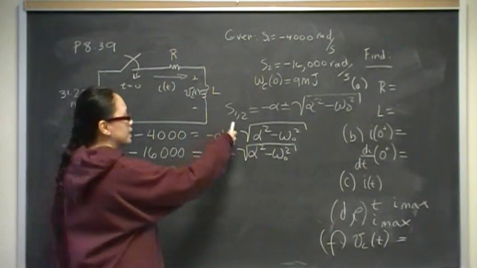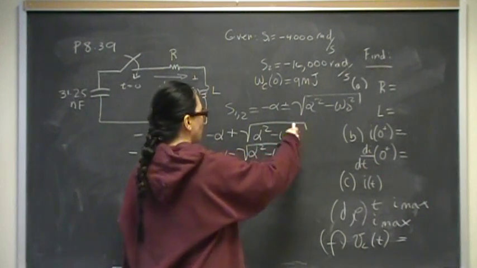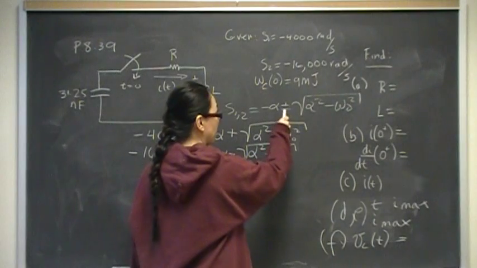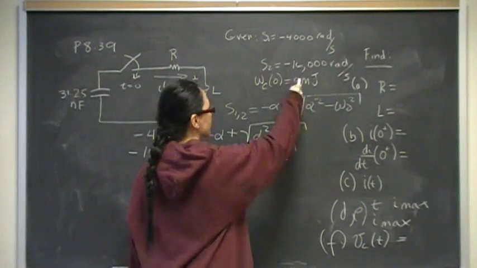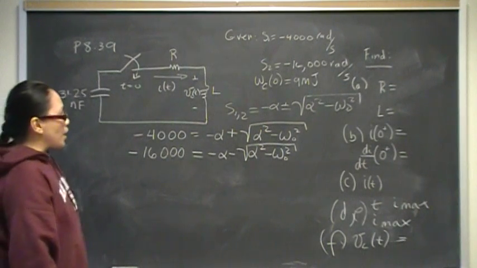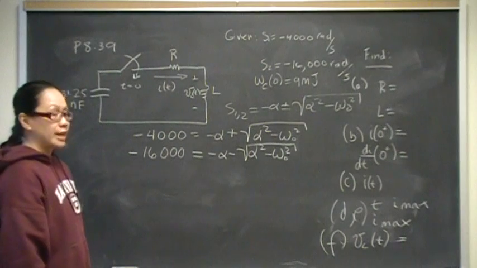Well, the characteristic equation is always going to be negative alpha plus or minus. So if this number is negative, then S2 must be getting more negative, so it has to be the greater negative number. But in any event, if you didn't know, the math would probably yield it anyways.